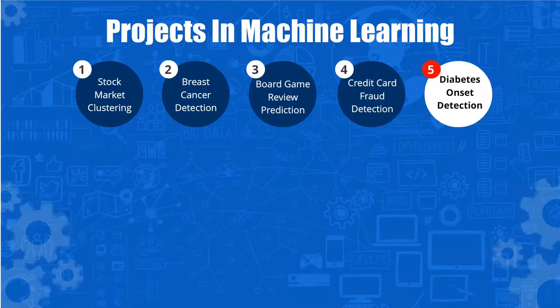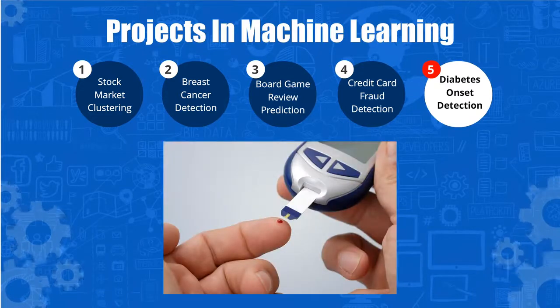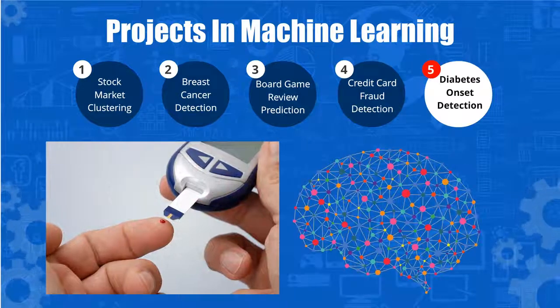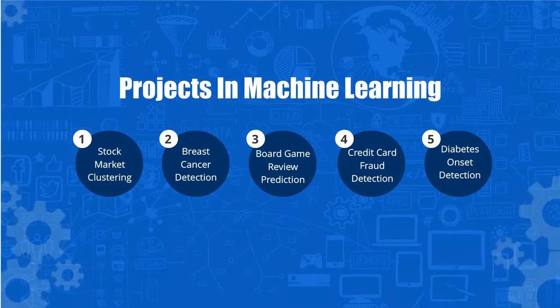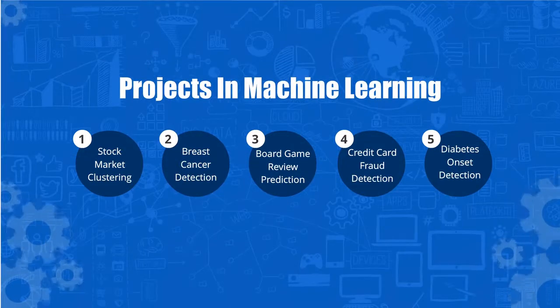The fifth and final project is going to be a diabetes onset detection with a deep learning grid search. In that project, we will fine-tune a deep neural network by performing a grid search. The network will be used to detect the onset of diabetes based off patient data. So in this project series, we're going to cover many different types of machine learning.